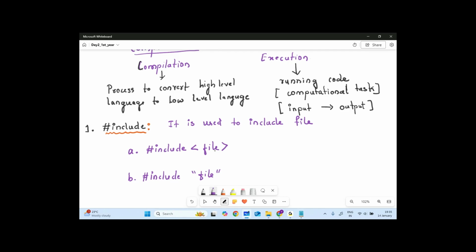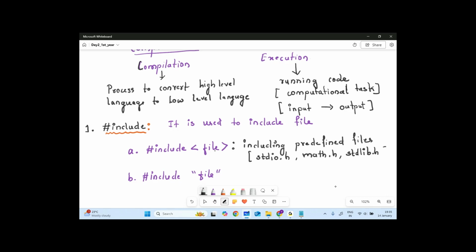The first syntax is used for including predefined files, for example stdio.h, math.h, stdlib.h, like that.